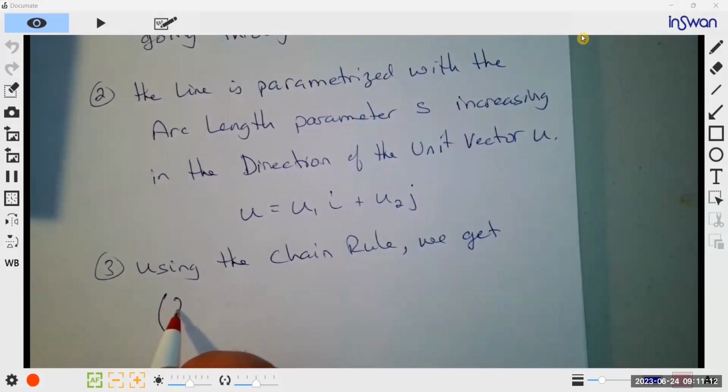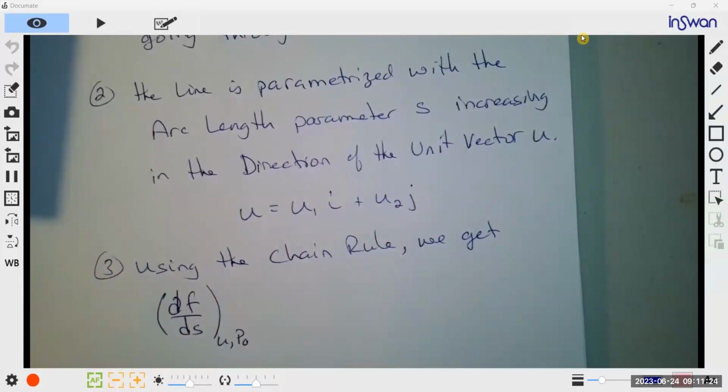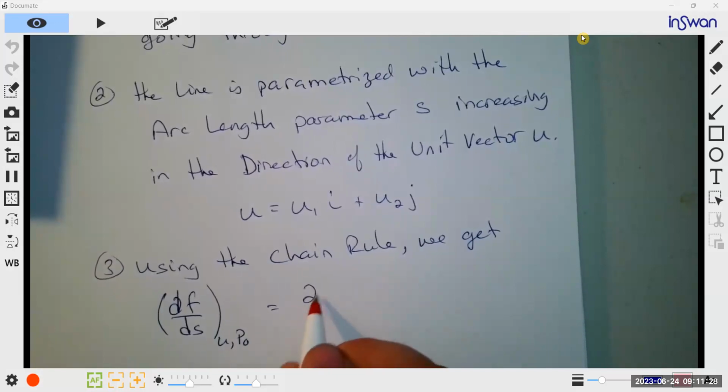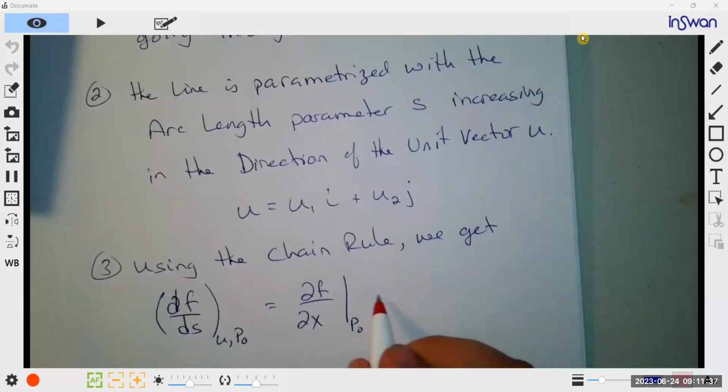Remember, we start with the derivative of f with respect to s, the arc length parameter, at u and P sub 0. What we get here is the partial of f with respect to x at P sub 0, then the derivative of x with respect to s.